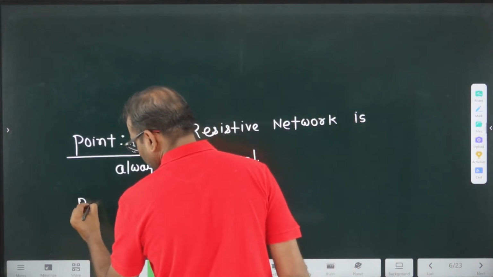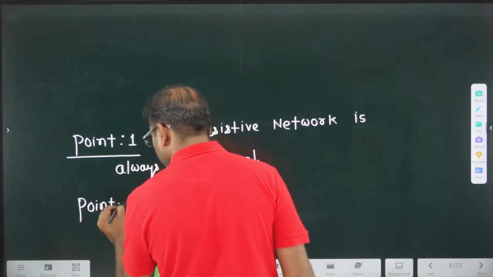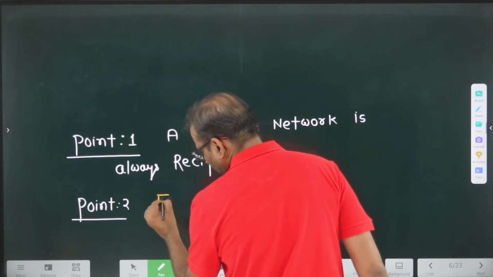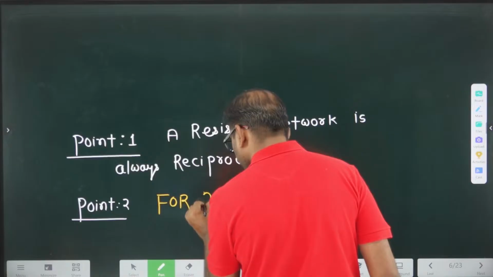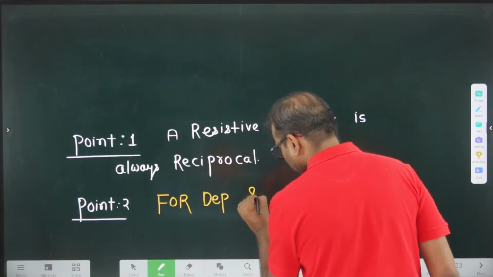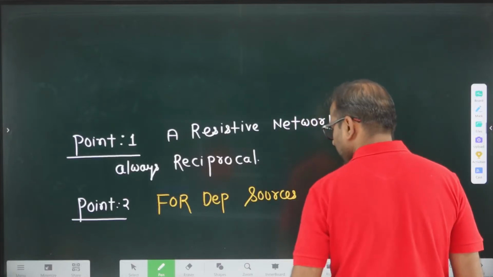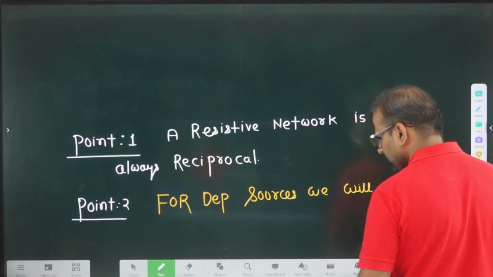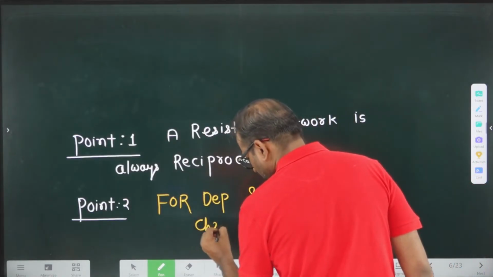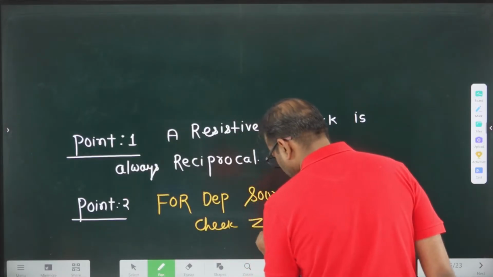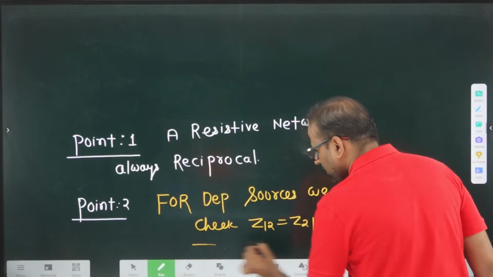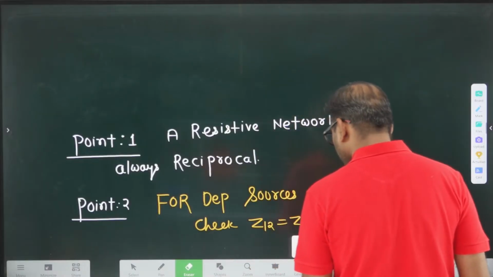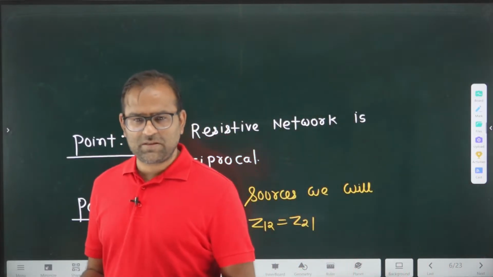Point number 2, for dependent sources we have to check Z12 equal to Z21. We will check that condition for a circuit having dependent sources.